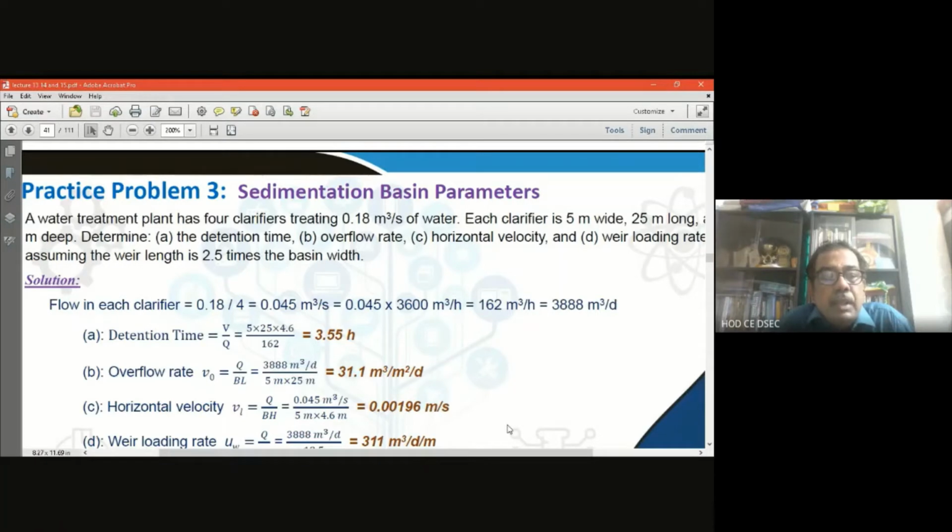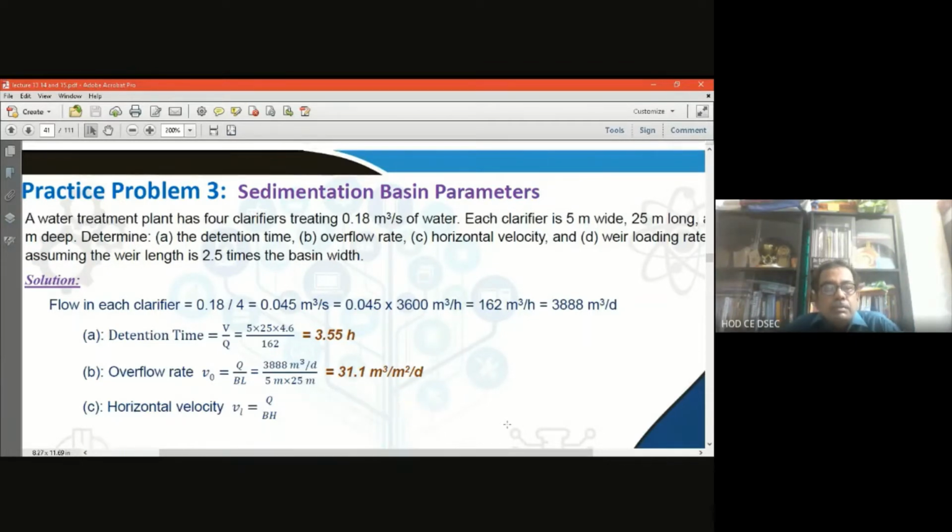Now determine the detention time, the overflow rate, the horizontal velocity, and weir loading rate, assuming a weir length of 2.5 times the basin width. Now how to tackle this problem?